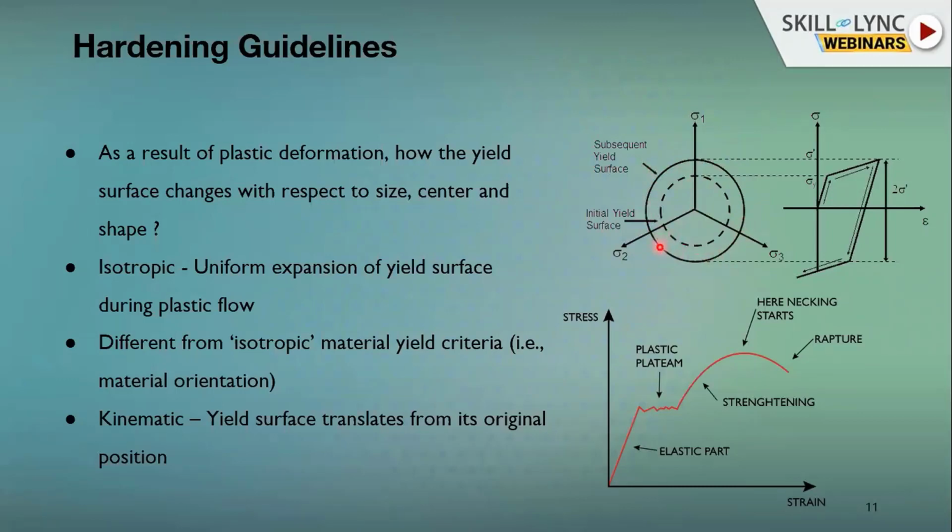But in kinematic hardening, from the original position itself, the yield surface starts translating. These are the guidelines to be kept in mind when deciding when to use isotropic and when to use kinematic. When you take a deep dive into material modeling, you will gain the knowledge and the experience when you work with it.